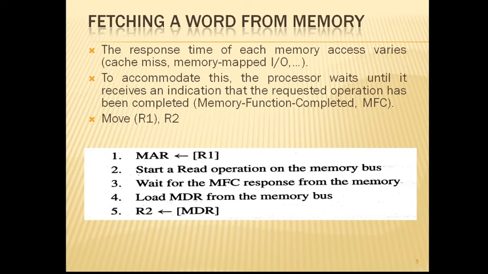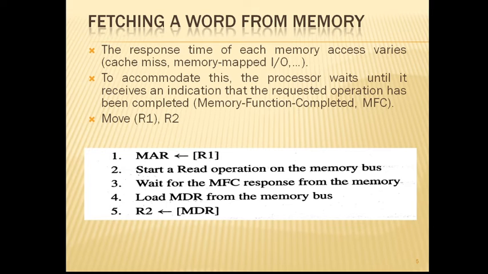In that case, whatever is stored in MAR is already available on the address lines of the memory bus. So when a new address is loaded into MAR, it will appear on the memory bus at the beginning of the next clock cycle, which is shown in figure 7.5.